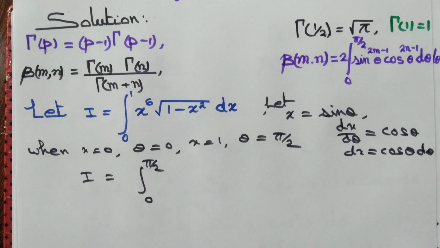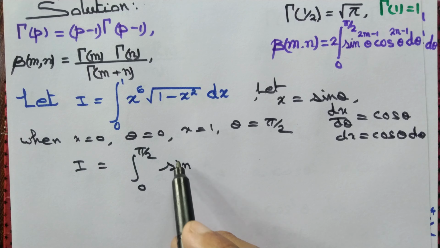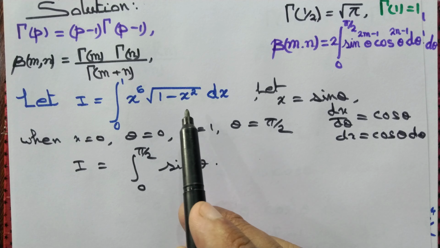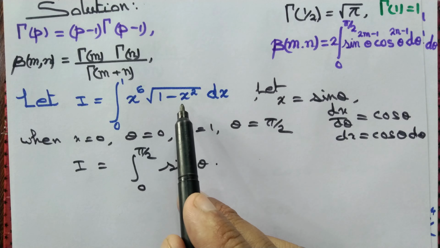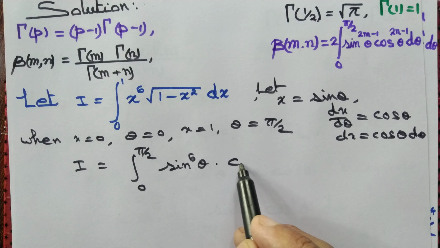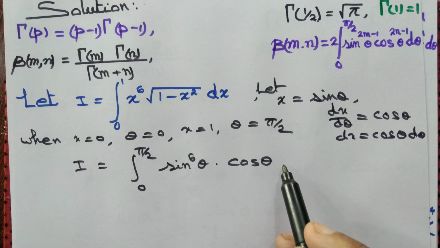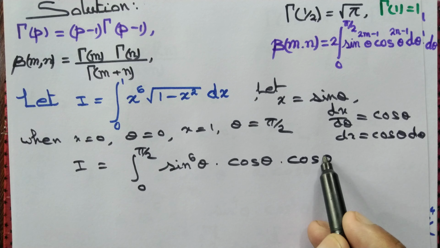So, x to the power 6 is sine to the power 6 theta. 1 minus x square is 1 minus sine square theta, that is cos square theta, and root and square will get cancelled. So, we will be simply left with cos theta. And then dx is cos theta d theta, we write as it is.